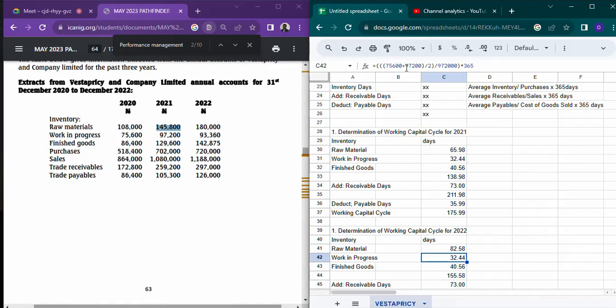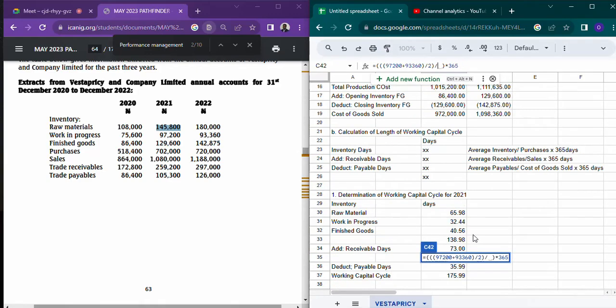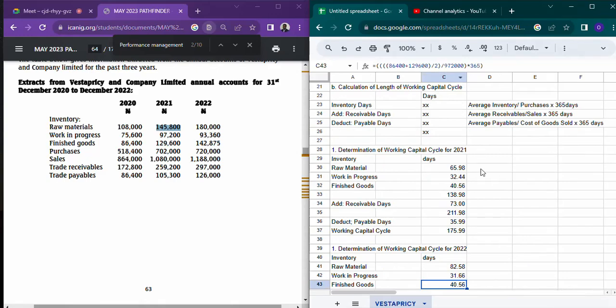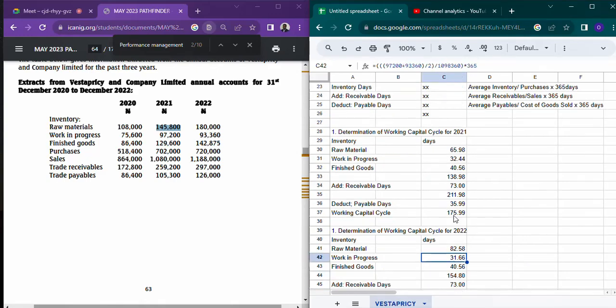The work in progress is 97,200 plus 93,360. And what is the cost of goods sold for 2022? That's 1,098,360, right? Yes.